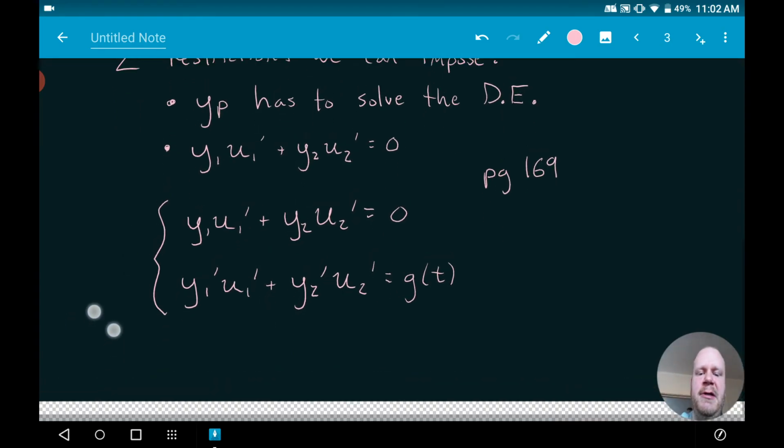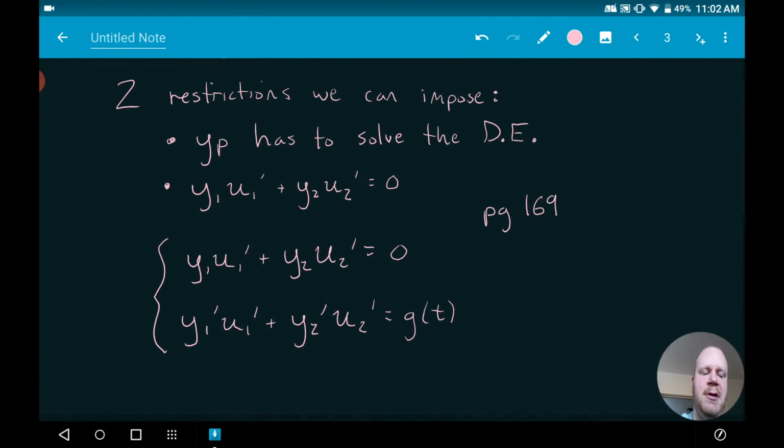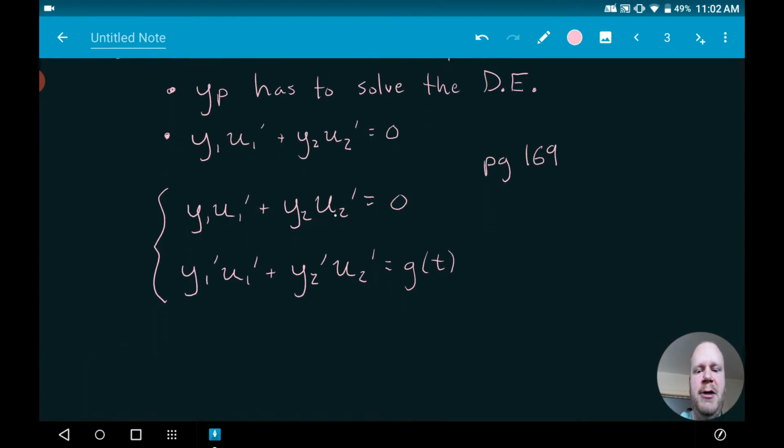We can use the system of equations. So just like in the particular solution, y1 and y2 come from the complementary solution. But we can solve for u1 prime and u2 prime from this.